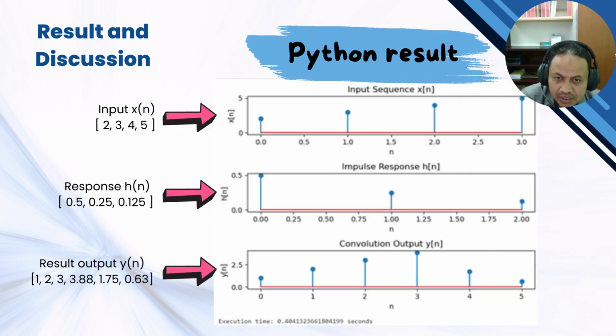From Python, we use Jupyter Notebook Online, and we can see the Python result. We display the input and response that we enter, and after the convolution is done, Python will display the convolution output y[n] and the execution time for running this software.